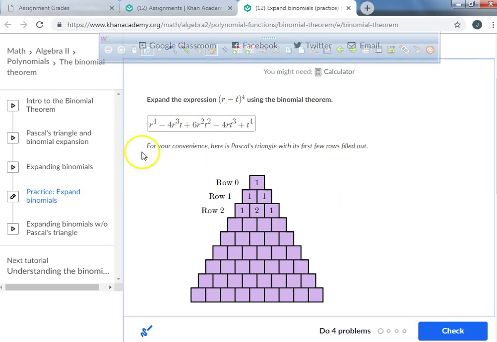There we go. Does that match up with everything we got?